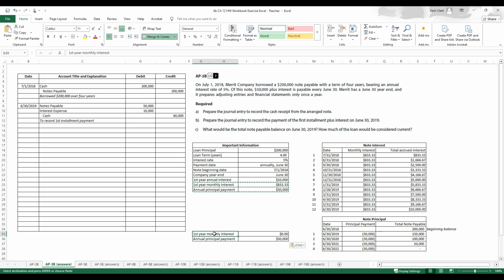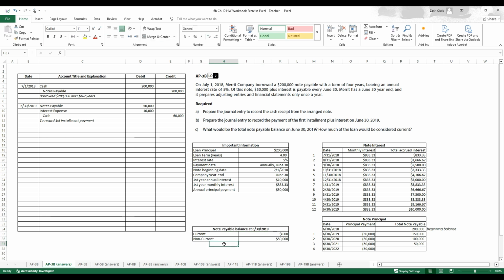and we'll say current and non-current. Again, you won't have to do this. I'll include this in your version. I'm just kind of creating this as I go. We'll say note payable balance at June 30, 2019.